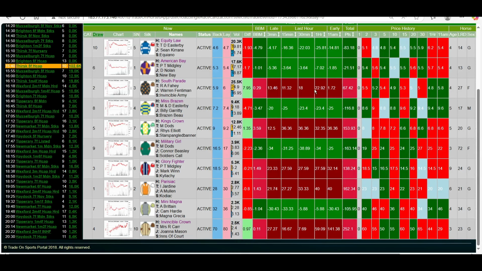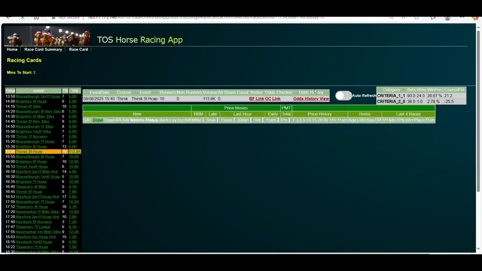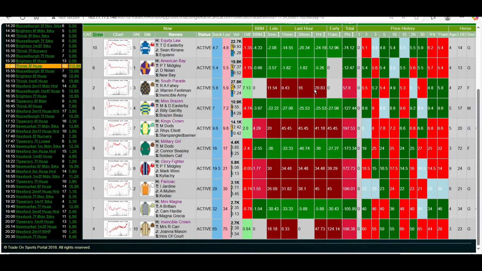So having a look here now, we've got 2 favourites fighting it out. Equity Law, American Bay. That flashing, by the way, is the updating of the portal from Betfair. Miss Brazen also in zone 1, well supported, 9.6 in the morning into 7.2, and looking further down we have something green in zone 2.